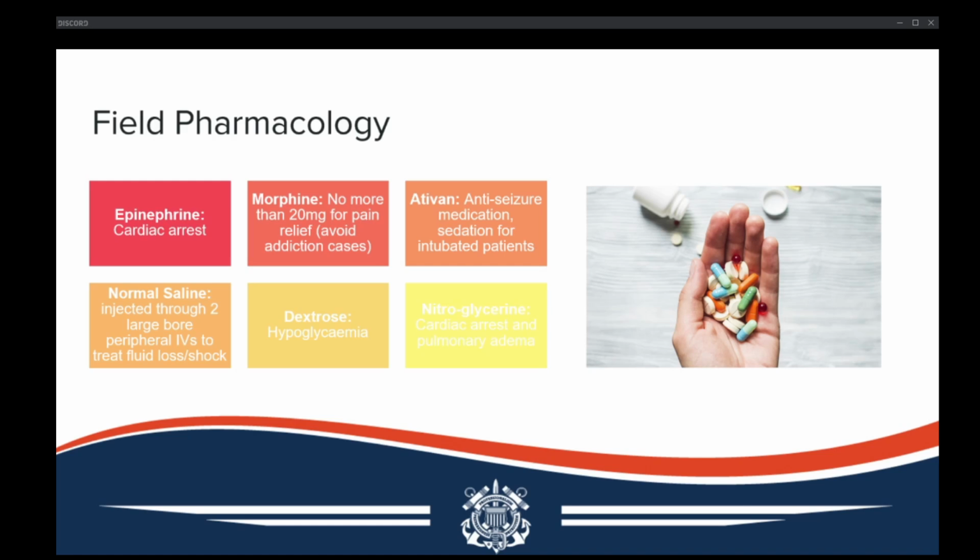So saline. There's two instances you'd use saline. Well, actually, we'll go through one big one first. If someone suffers a major hemorrhage, a big bleed, they'll lose a lot of blood, obviously, and their body will start to go into shock to try and counteract that.